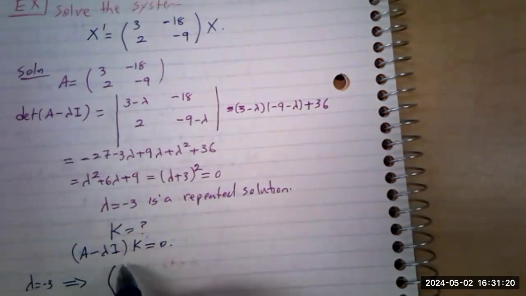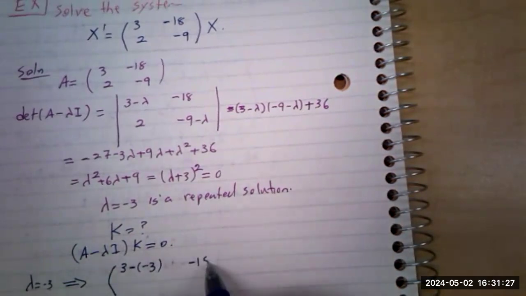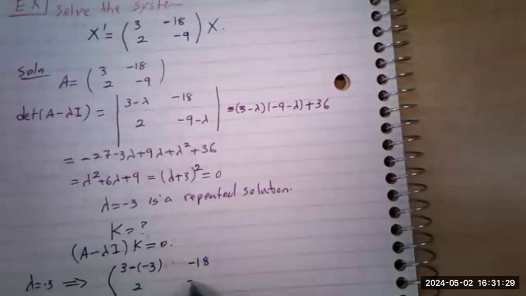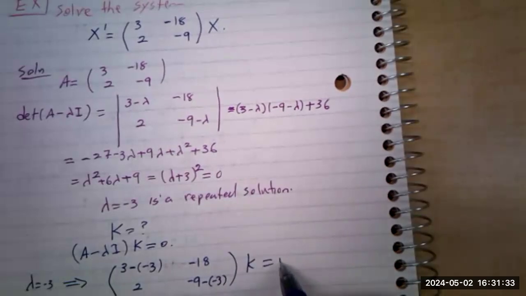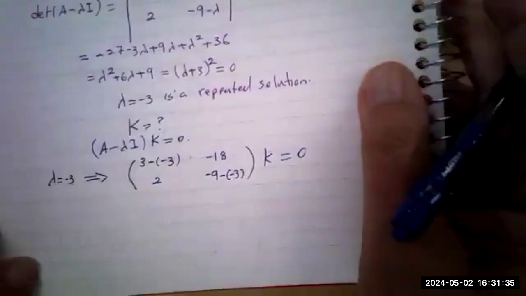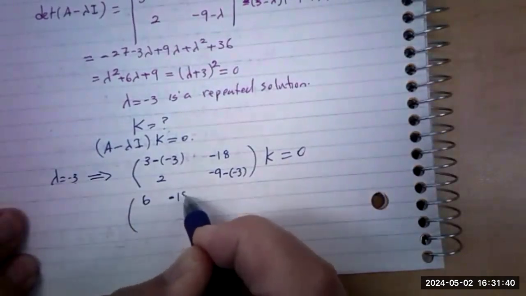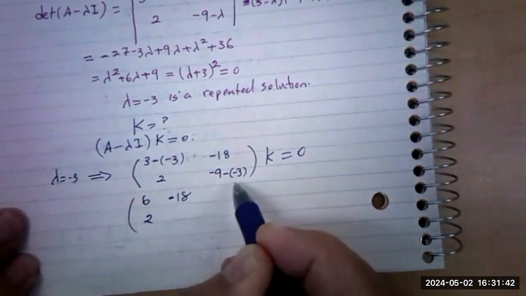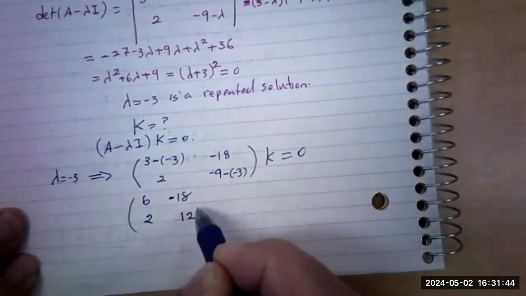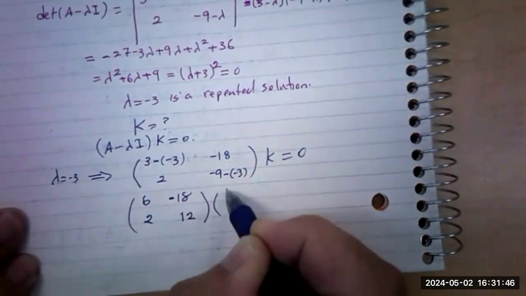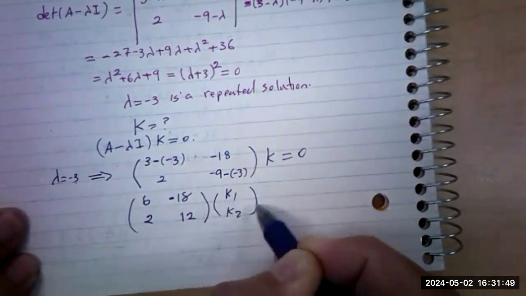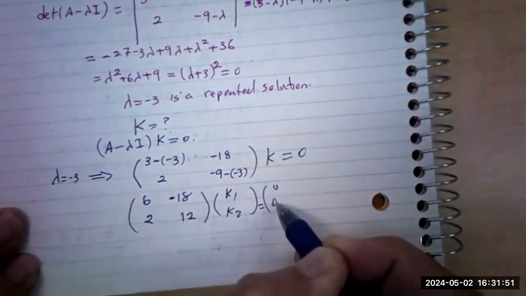So it's going to be 3 minus lambda, negative will be positive. Minus 18, and 2, and -9 minus -3, times K equal to 0. If you simplify it, that gives you 6, -18, 2, -6, times k1, k2 equal to 0, 0.